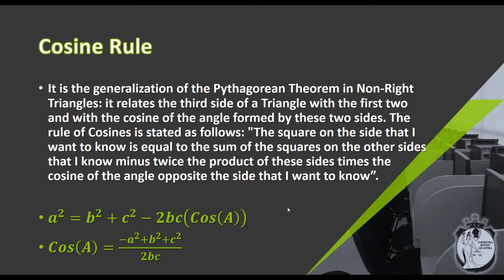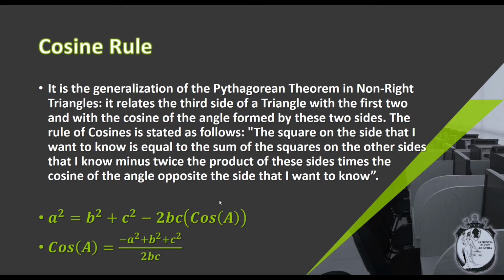Cosine rule is a little more complicated than the sine rule, but you need to remember when you can use it. When you have the measurement of two sides and the angle between them, this is that formula.